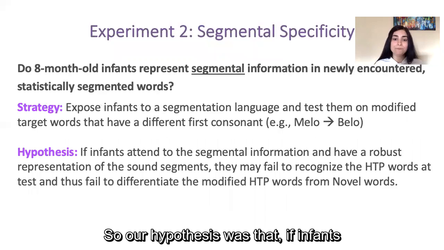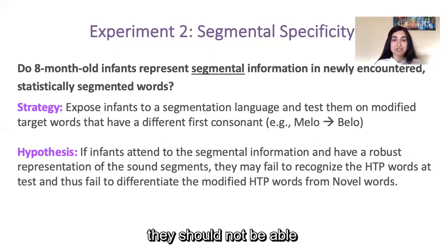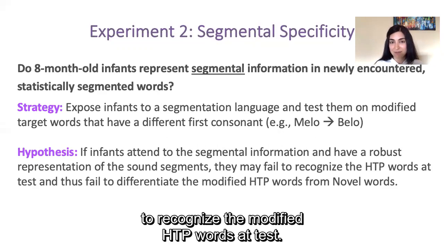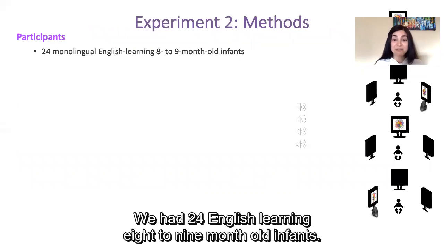So our hypothesis was that if infants have a strong representation of segmental information, they should not be able to recognize the modified HTP words at test. We had 24 English learning 8 to 9-month-old infants.